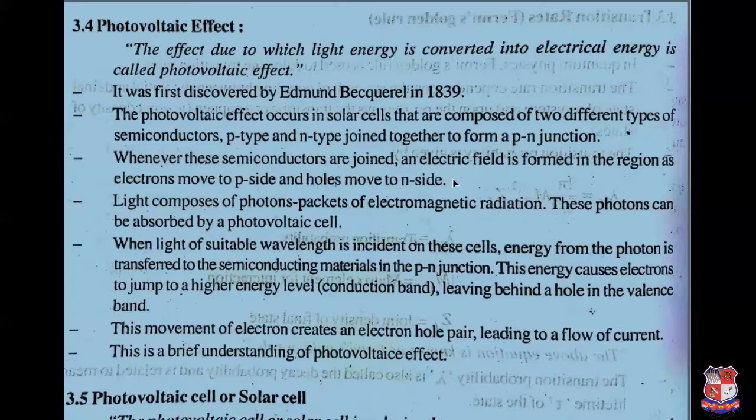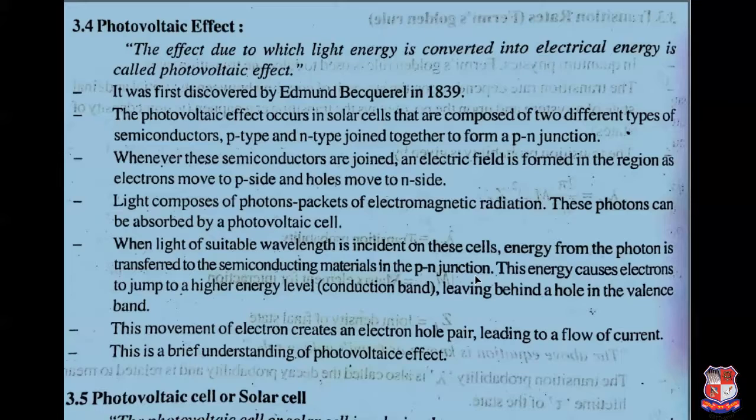Light is composed of photons, packets of electromagnetic radiation. These photons can be absorbed by a photovoltaic cell. When light of suitable wavelength is incident on the cell, energy from the photon is transferred to the semiconducting materials in the p-n junction.